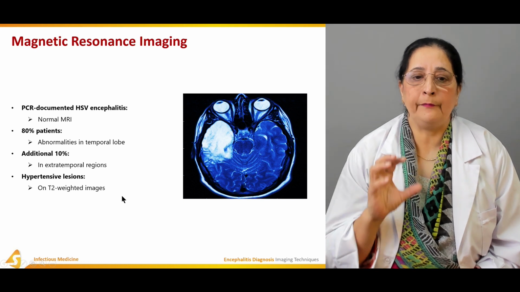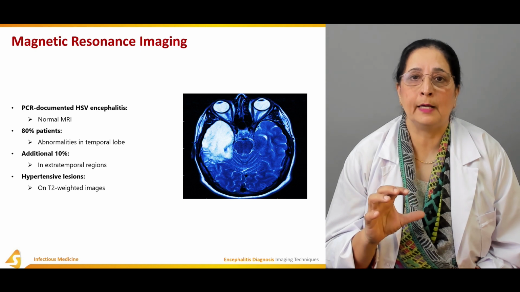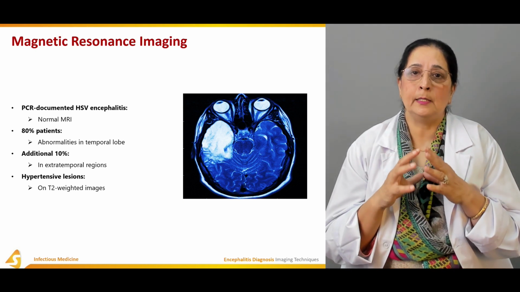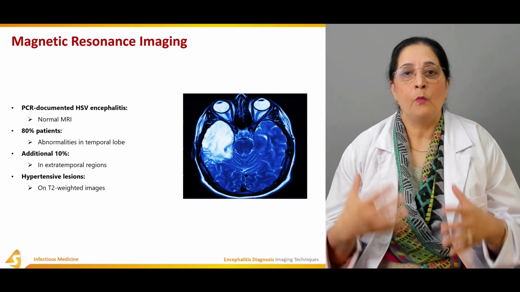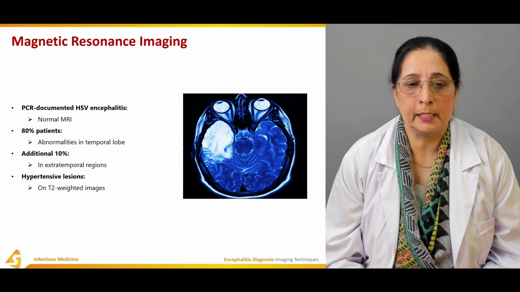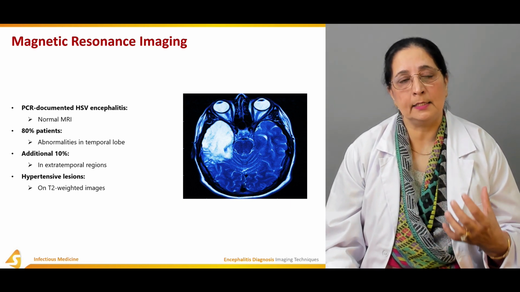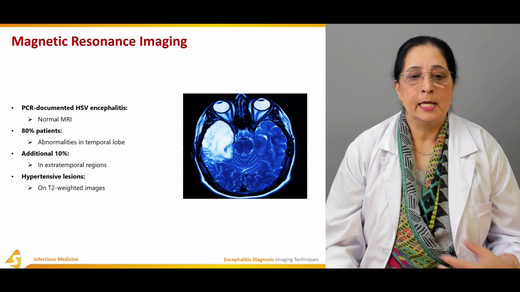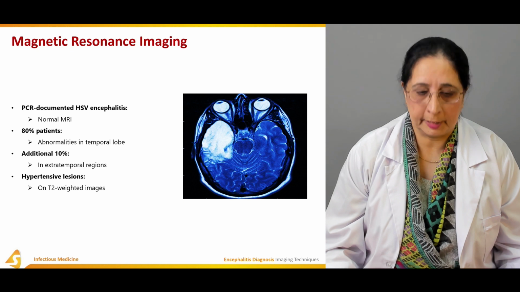We are specifically talking about herpes simplex virus encephalitis because it mainly causes the focal findings on the imaging techniques. In 80% of the cases it's in the temporal region, and 10% is in the extratemporal region.